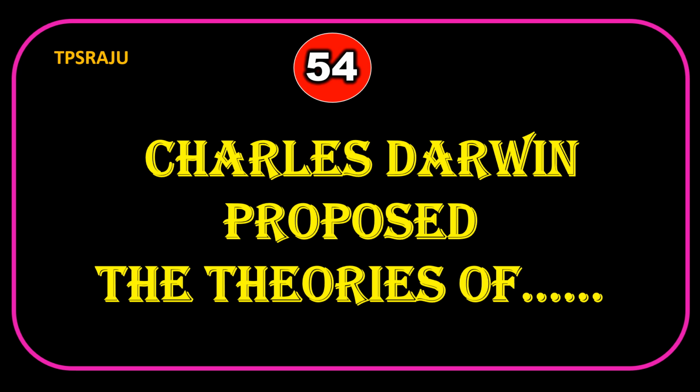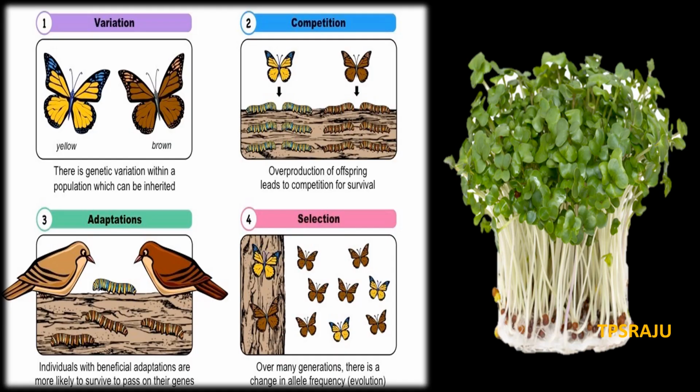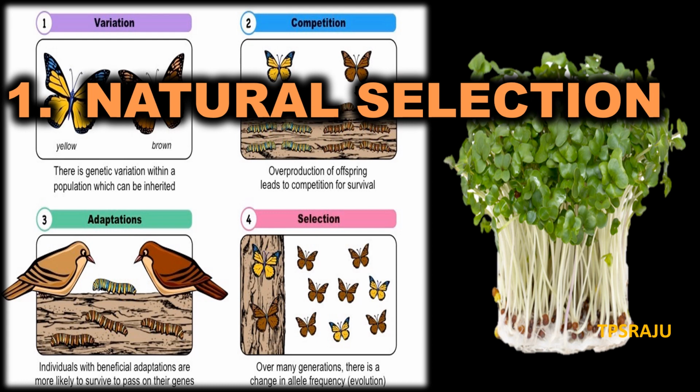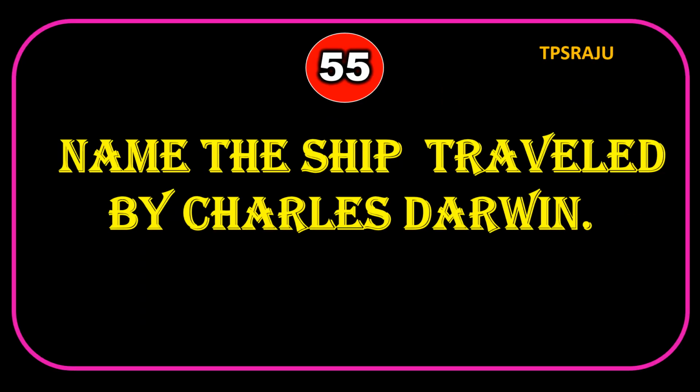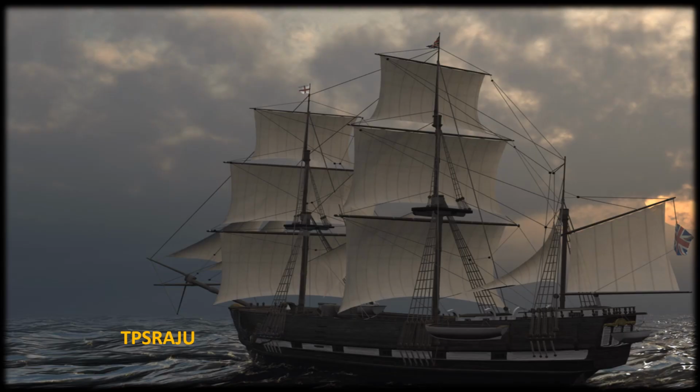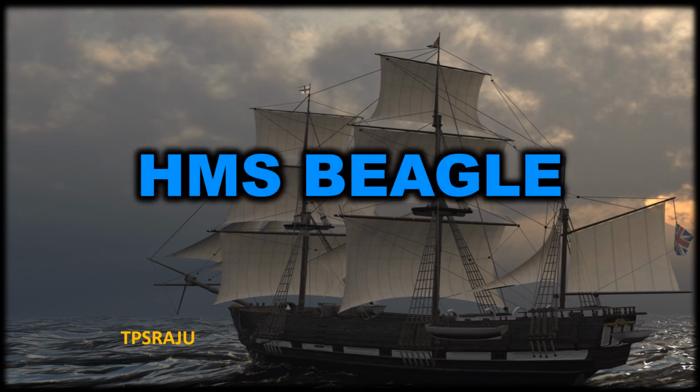Charles Darwin proposed the theories of natural selection and survival of the fittest. Name the ship travelled by Charles Darwin. HMS Beagle.